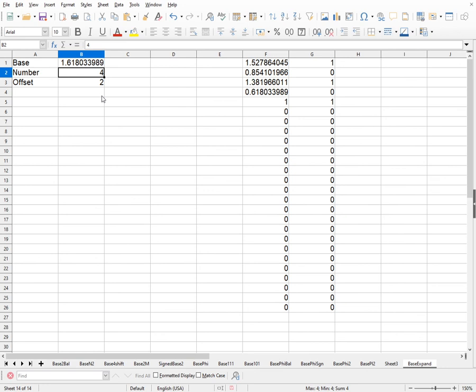Let's try 6 now. So this is too big, so let's increase our offset. That's in the right range. So our expansion is 1010.0001. So you can see as your numbers get bigger, the expansion gets longer and longer and continues farther and farther away from the decimal point, but it does always seem to still stop.